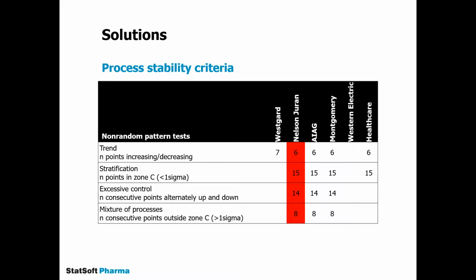Test over control: 14 consecutive points changing up and down is often due to over adjustment of the process that is in statistical control, which may result in increasing the process variation. The next test, mixture: 15 consecutive points in zone C, below 1 sigma, may occur when you have multiple processes, but you are including all the processes in a sample, which may result in artificially widening control limits.